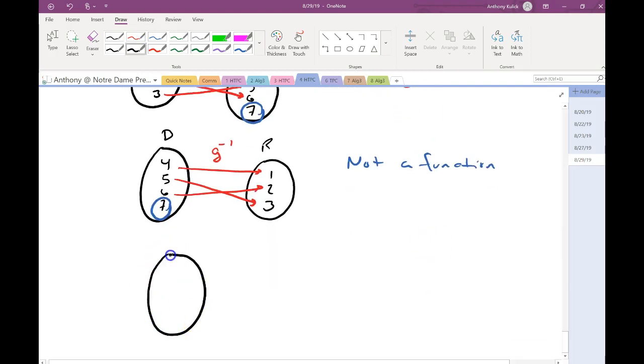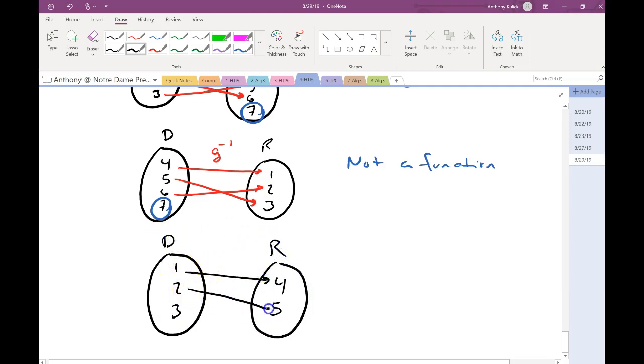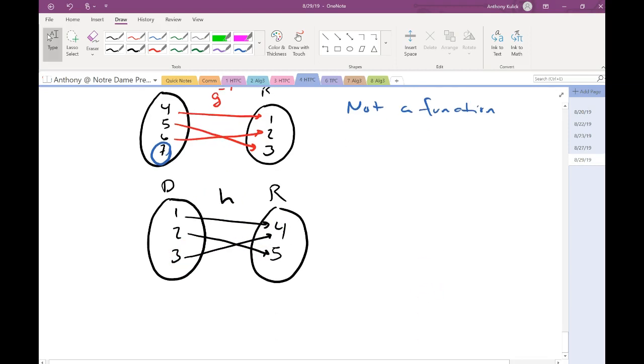Let's do another example. H, I think, is the next letter in the alphabet. So let's first start.